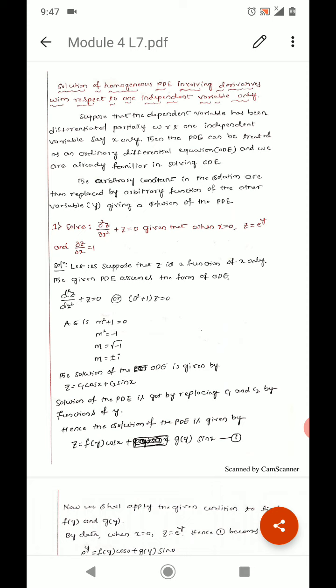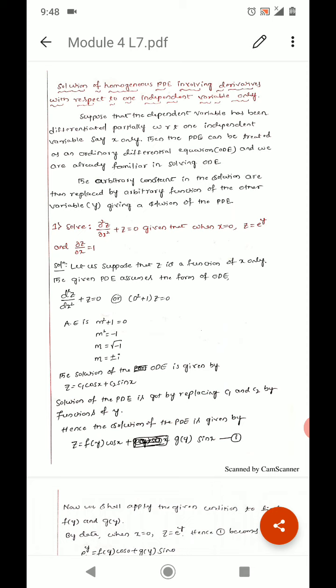Okay, so the solution of the ordinary differential equation is z is equal to c1 cos x plus c2 sin x. Now replace the arbitrary constants c1 and c2 by functions of the other variable, that is y.